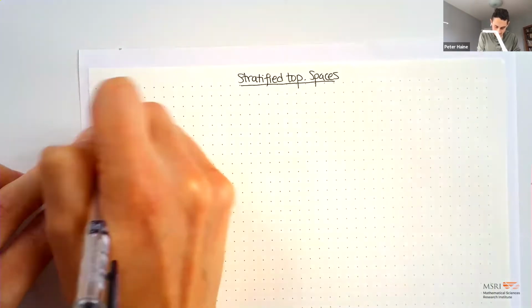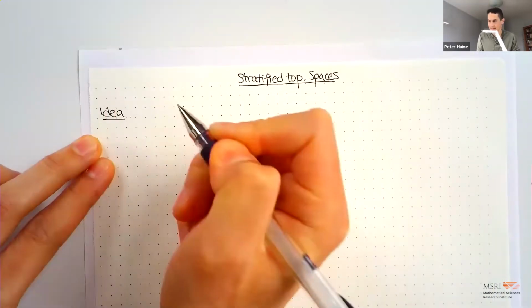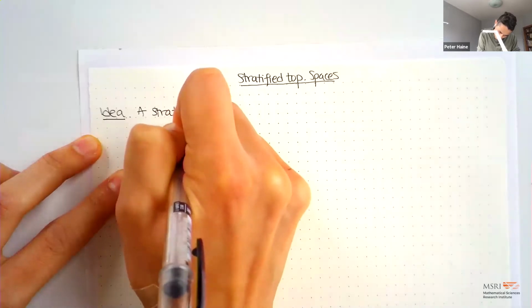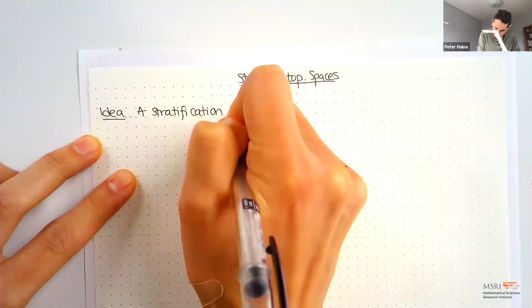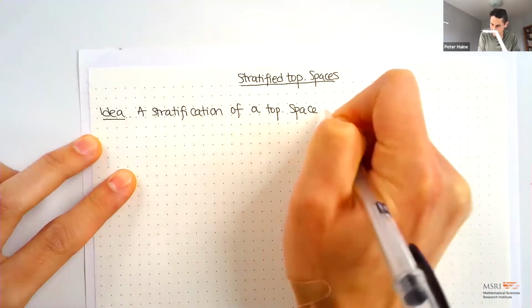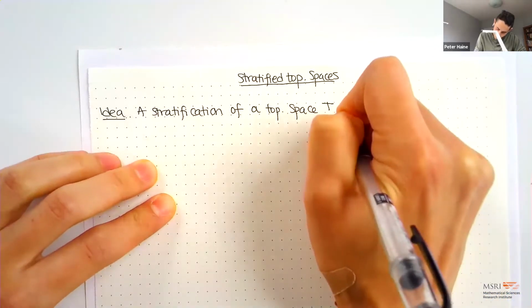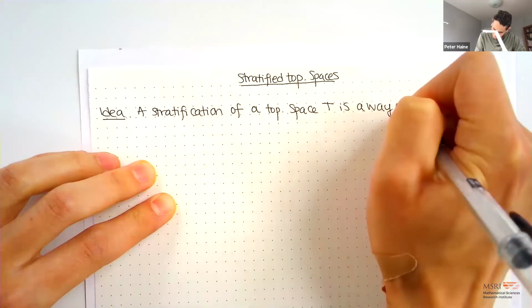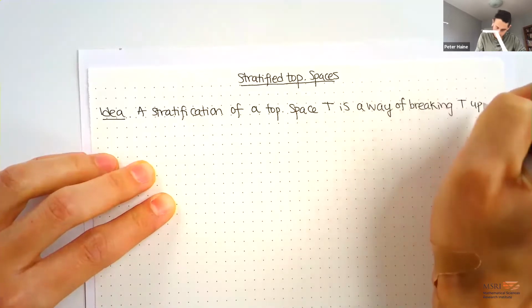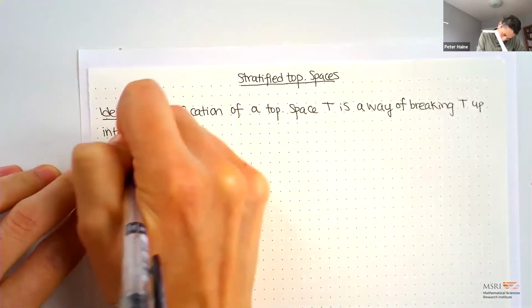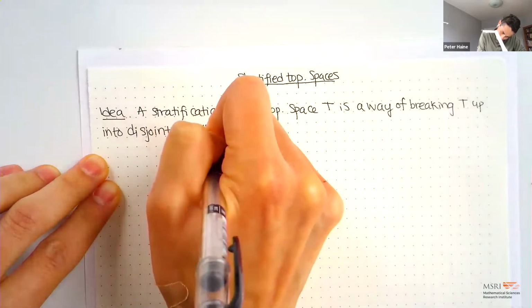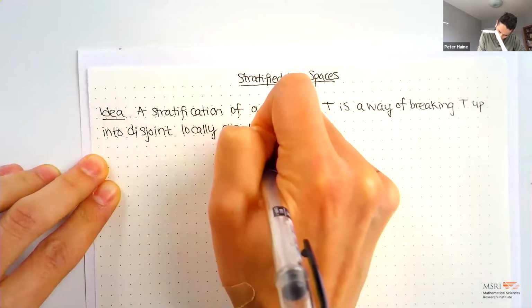So here's the basic idea: a stratification of a topological space, say T, is a way of breaking T up into disjoint, locally closed subspaces.